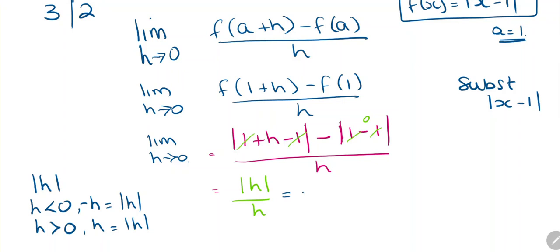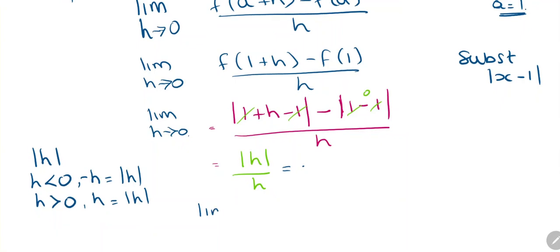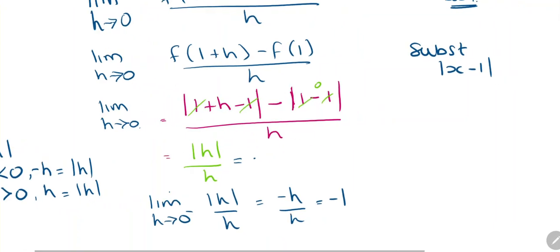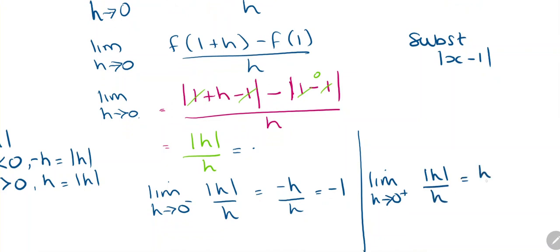So if we look at it from the left, the limit as h approaches 0 from the left, this is going to be when it's negative. So our h over h, this is going to be minus h over h, which is going to be minus 1. If we look at our limit as h is approaching from the right, it's going to be positive, which is h over h, which is going to be 1.